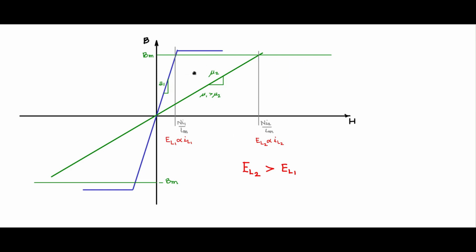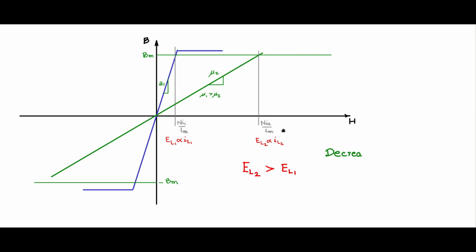So if I reduce the permeability for the same flux BM, this will meet the saturation much later in the field axis as shown here. Which means that it is capable of handling higher currents, larger currents, and therefore larger energy.